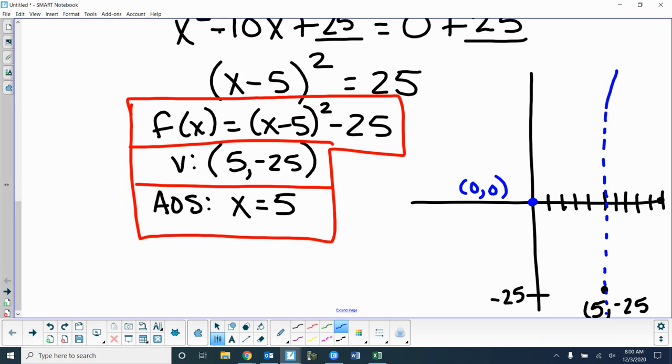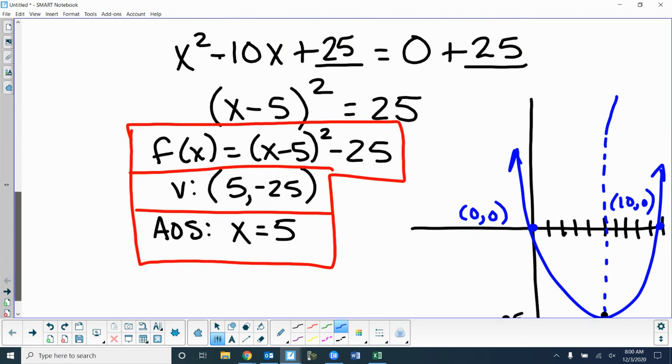Put it in blue. So it looks like this, and that's 10, 0. Right there. Does that make sense? We knew it opened up again because my A value was a positive number. Doesn't really matter what it is, but when it's a positive A value, it opens up.